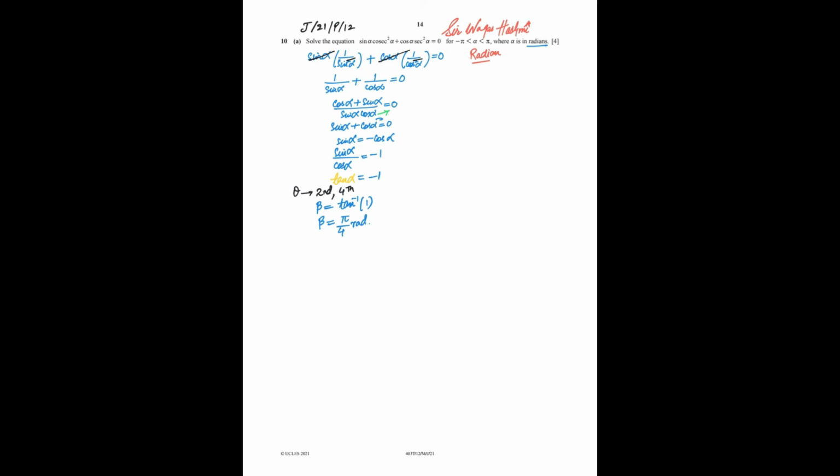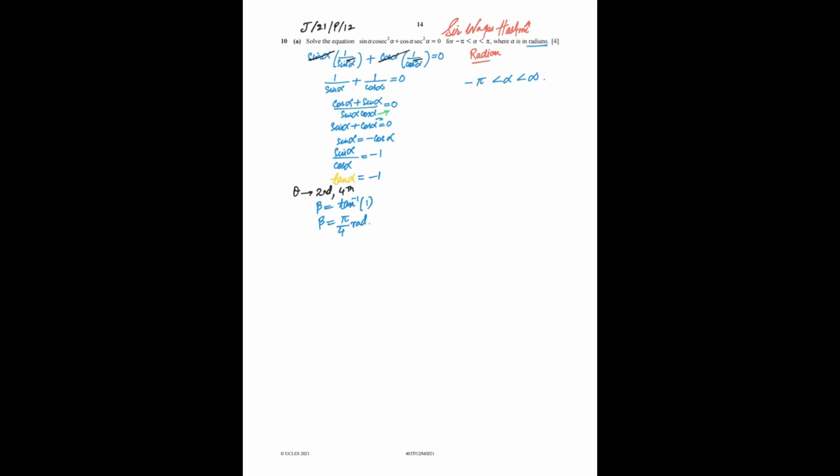Now the value of beta, or your base angle, is pi over 4 radian. Alright. So we know that we need to travel in the second or fourth quadrant, but the range of the question says it's from minus pi till positive pi. That means we need to travel in the clockwise direction as well, because we have a negative sign on the angle, right?